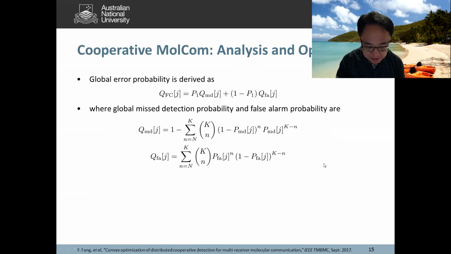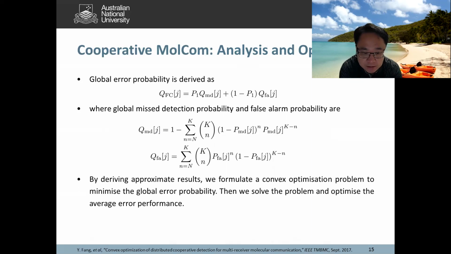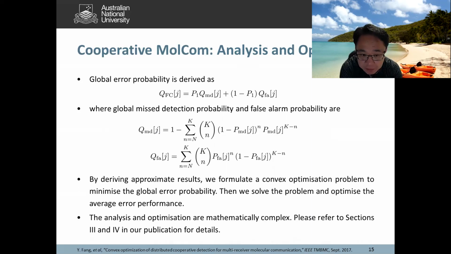They are just general expressions, but in the paper we have provided detailed analysis about how to analyze QMD and QFA, and how to perform the detailed derivation to reach the results. By deriving the approximate results of these expressions, we formulate a convex optimization problem to minimize the global error probability that we have considered here.